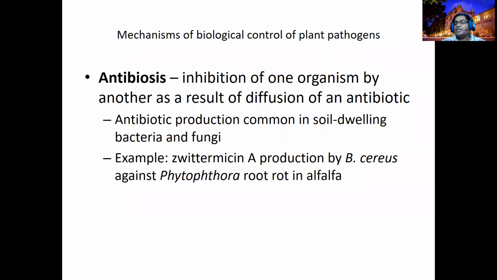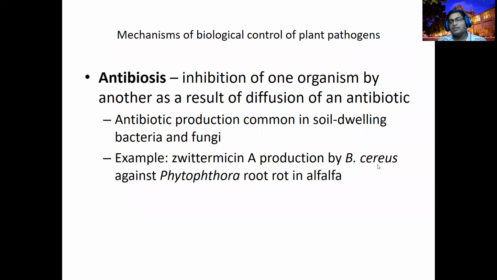This is mainly in many fungal groups. From that we are using tetracycline, so antibiotics we are enjoying, right? But in the case of plants, we can use Bacillus cereus. An example is zwittermicin. It is an antibiotic produced by Bacillus cereus.